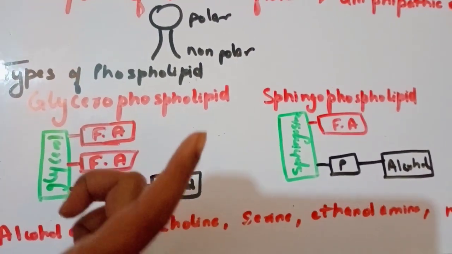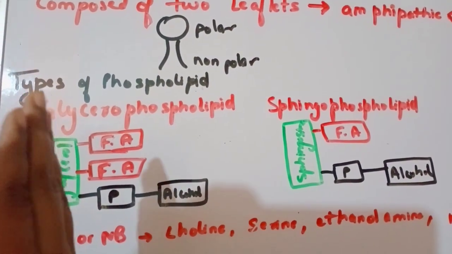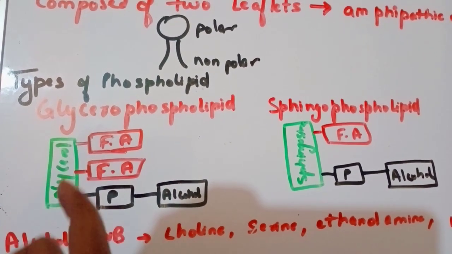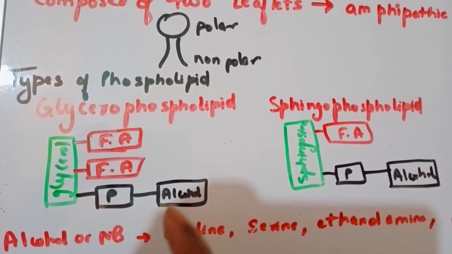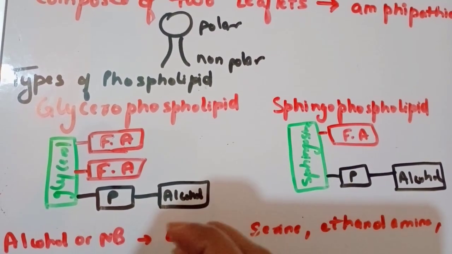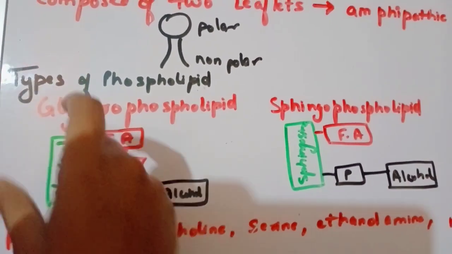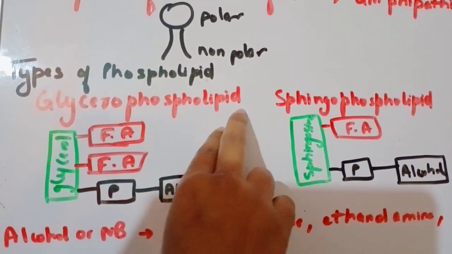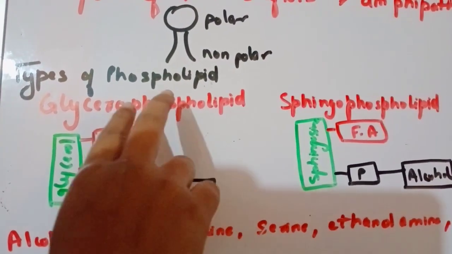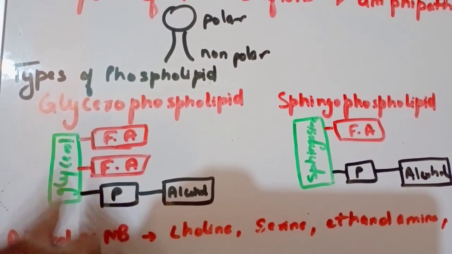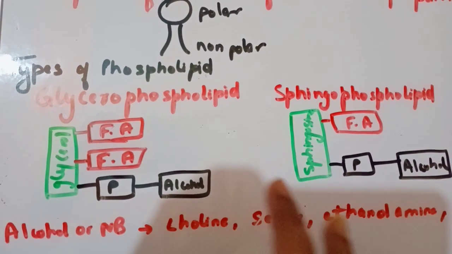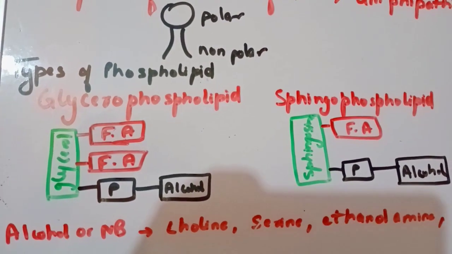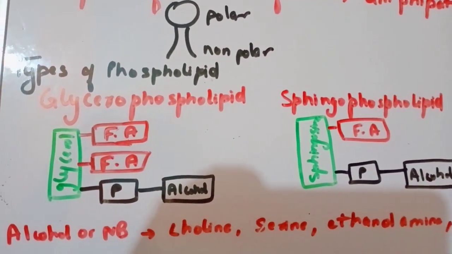To understand glycerophospholipid, we break it into three terms: glycerol, phospho for phosphate group, and lipid for fatty acid chain. Glycerol is the backbone of this structure, and two fatty acids are attached to this glycerol. A phosphate group is also attached to this glycerol, and an alcohol or nitrogenous base attaches to this phosphate group. This is the whole structure of glycerophospholipid.